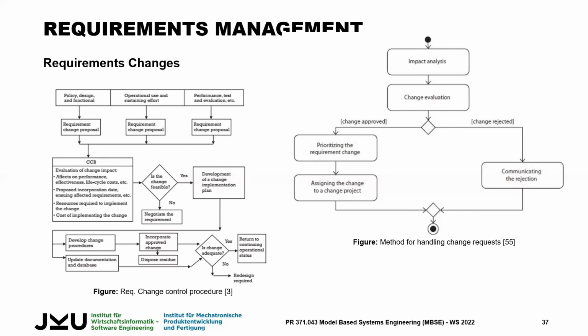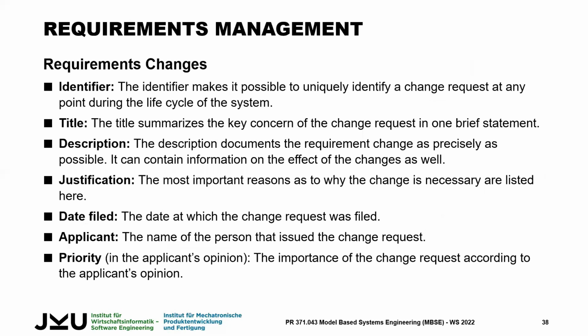Then you have to evaluate which other parts will be impacted by this change. And then one part is approving or rejecting the change. So if you see it is too complicated to change one requirement, because other parts have influence on it, then you have to think it over. Yeah, this is a small guideline if you want to change something.